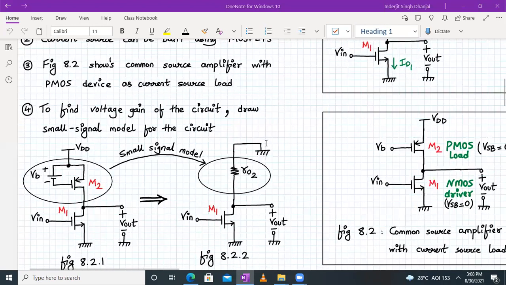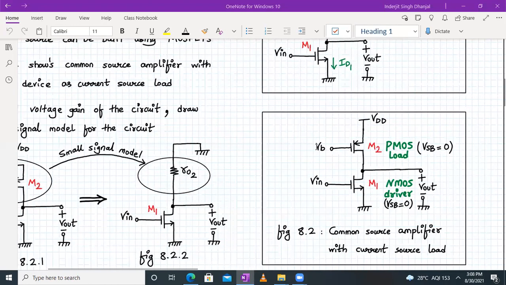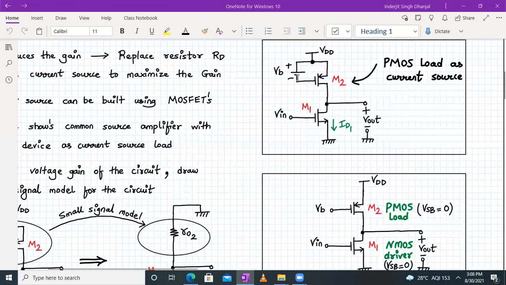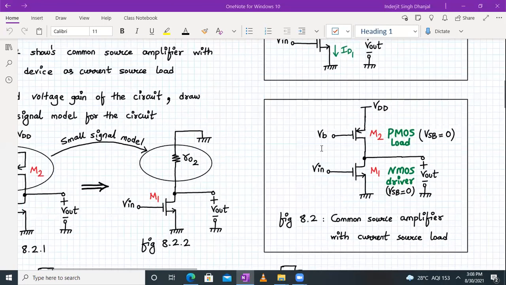To find the voltage gain of the circuit, we have to draw the small signal model of the circuit. This is the same circuit which we have seen. Instead of drawing the connection to VB like this, we will just show it like this, VB. Mind you, the V shown here is a combination of the bias voltage for M1 as well as the AC input voltage.